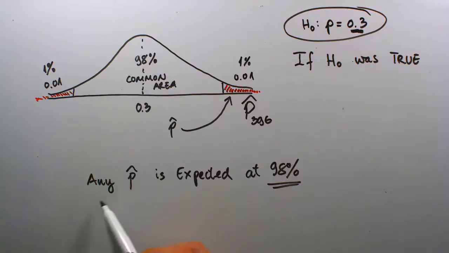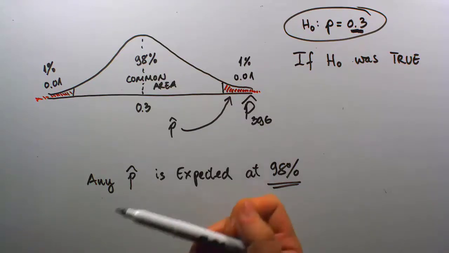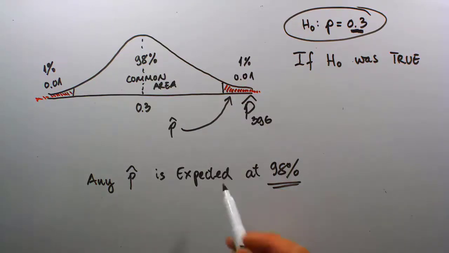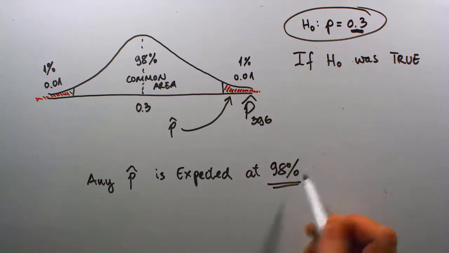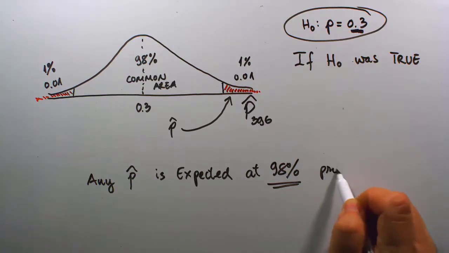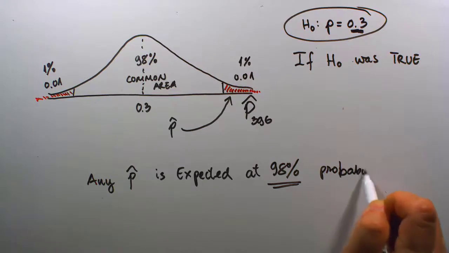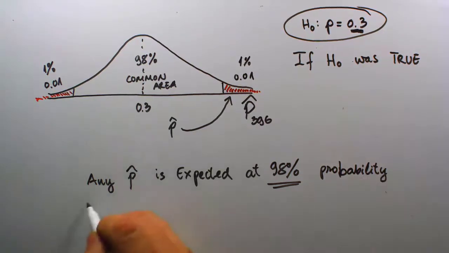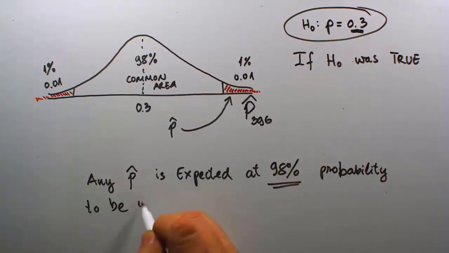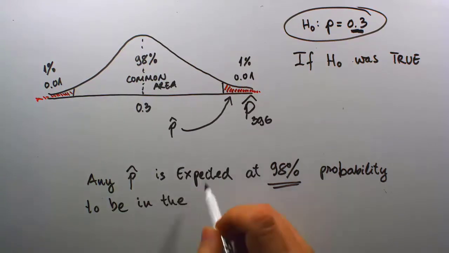And so, back to what I was halfway saying here, any p hat that we pick up, any sample proportion value that we pick up, is expected with 98% probability to be in the common area.